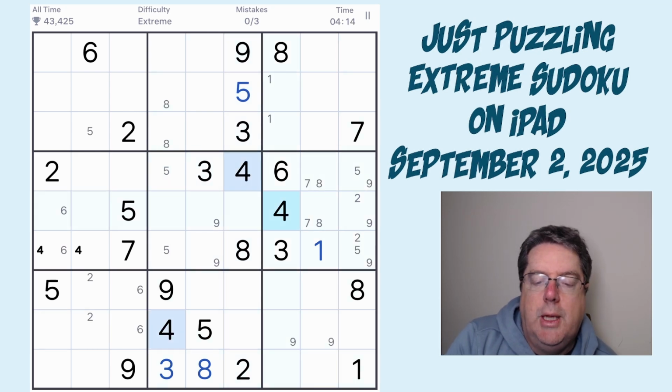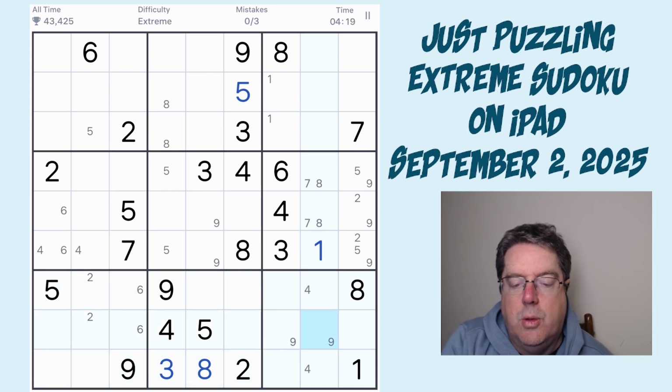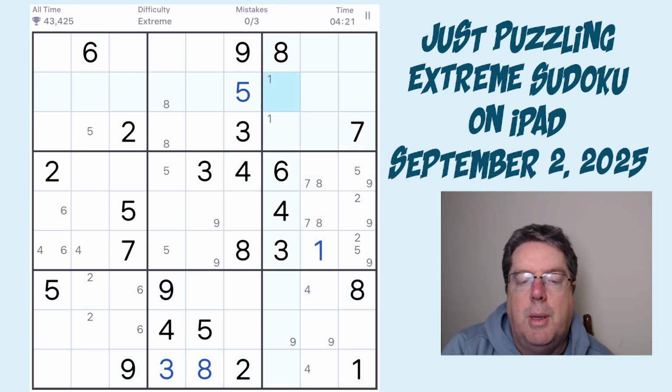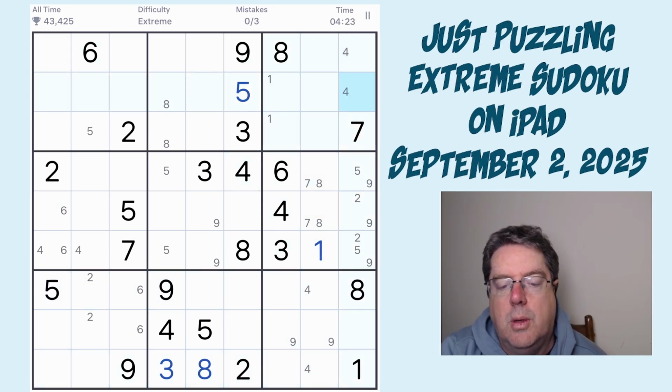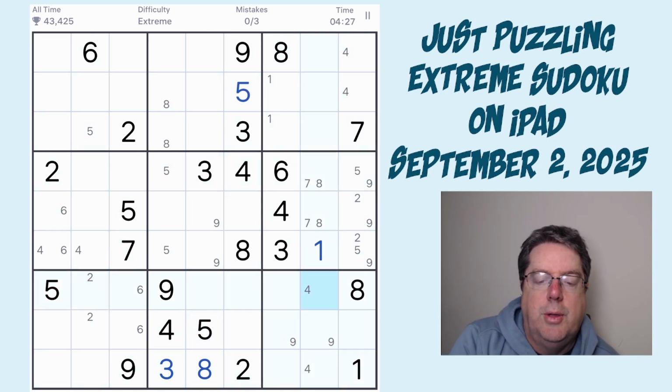4 comes across here, 4 comes down here, so 4 is one of these two. 4 comes up here, 4 comes up here, so 4 is one of these two. 5 comes across here, 5 comes across here, so 5 is one of these two.